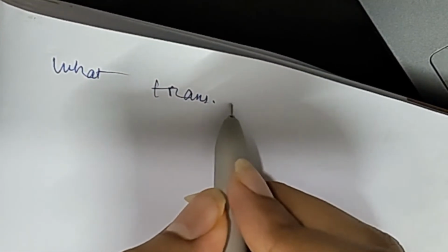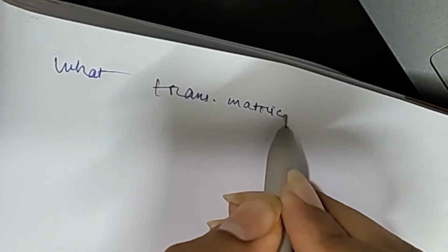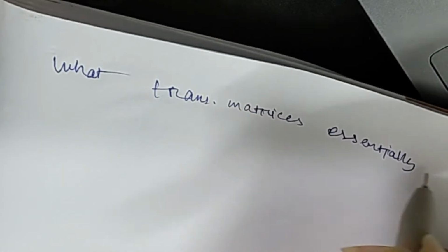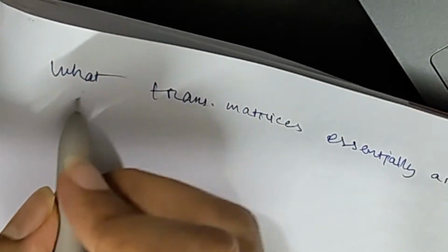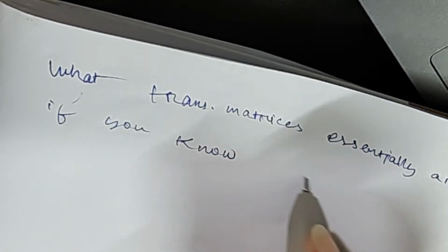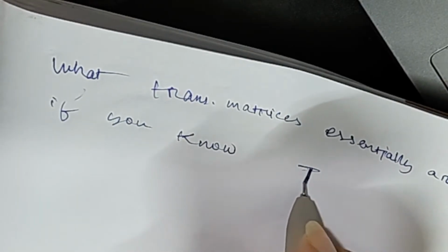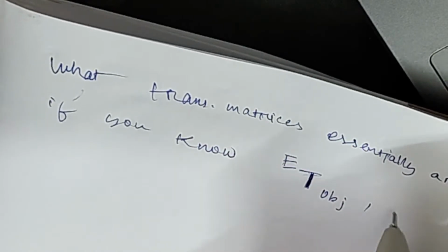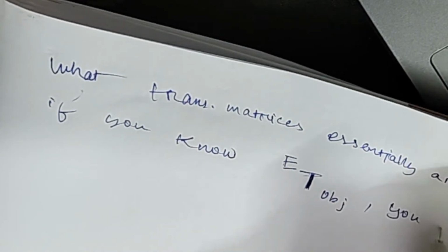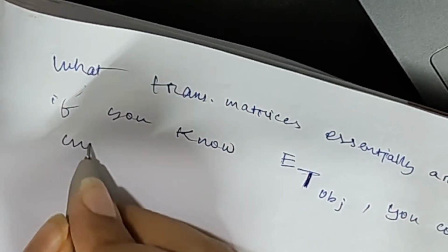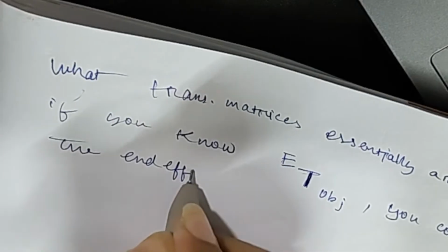What transformation matrices essentially are? If you know the transformation matrix from object and effector, you could move the end effector.